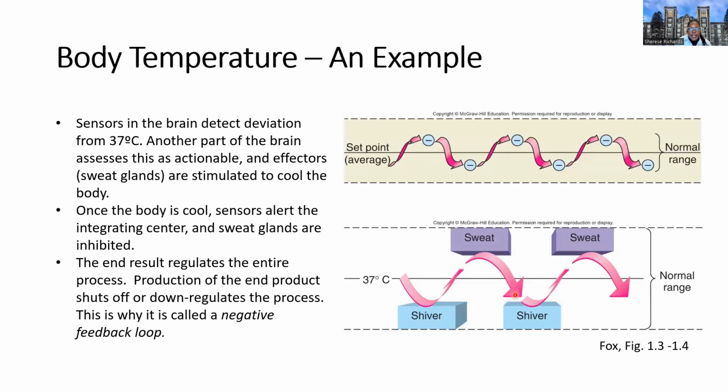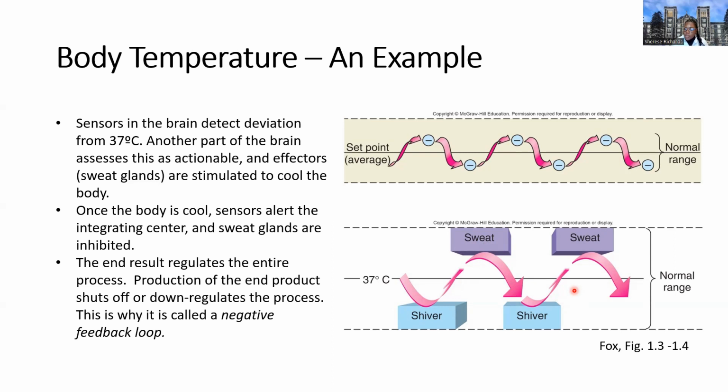Okay. Here is another example with body temperature. So very similar to what we described, we have our set point for temperature being about 37 degrees Celsius. We can be in an external environment that's really, really warm, and we begin to sweat. And the sweating is a corrective mechanism that helps us to cool the body to bring that temperature back to 37. Alternatively, we can be in an external environment that's really, really cold, right? Like it is right now in Duluth, right?